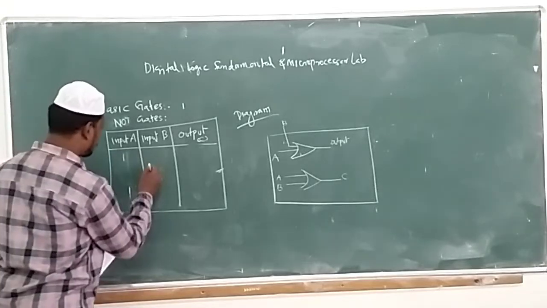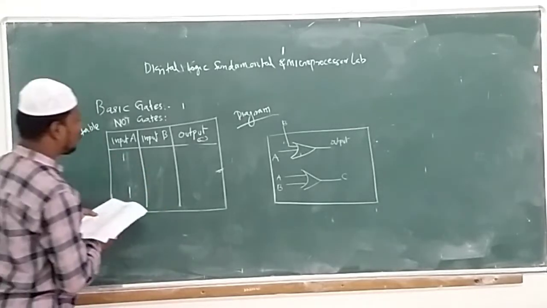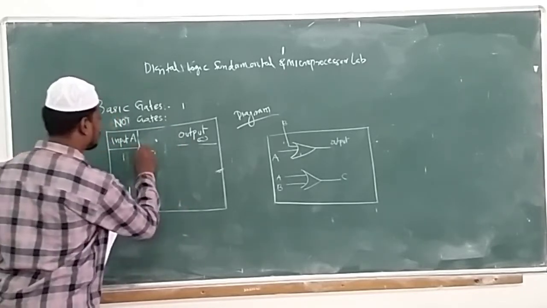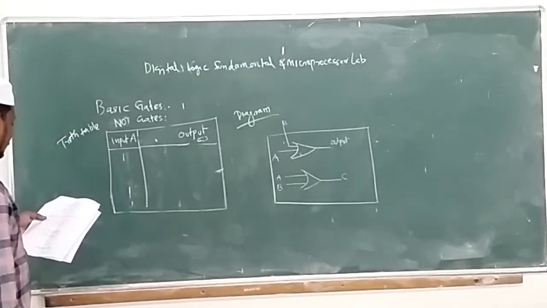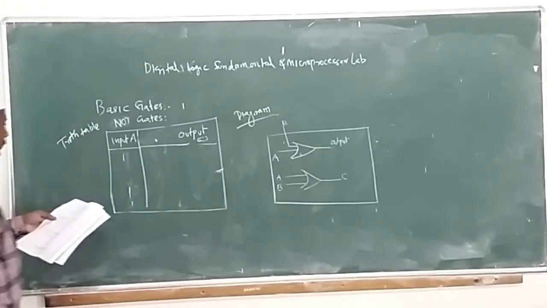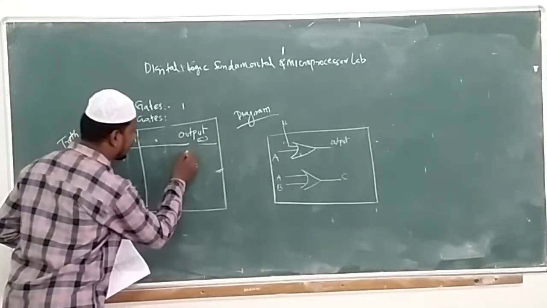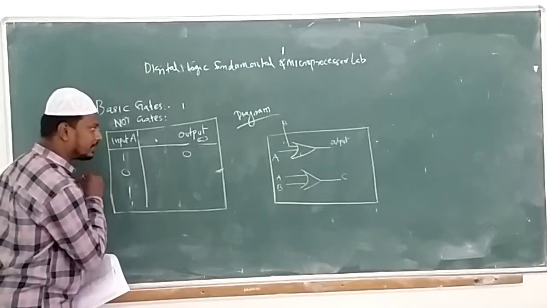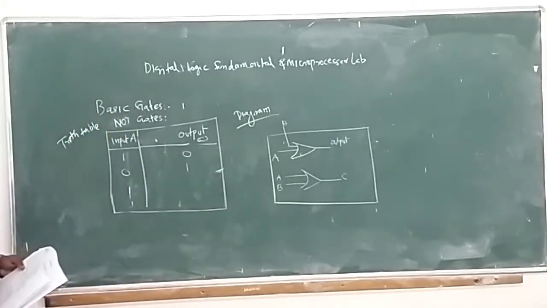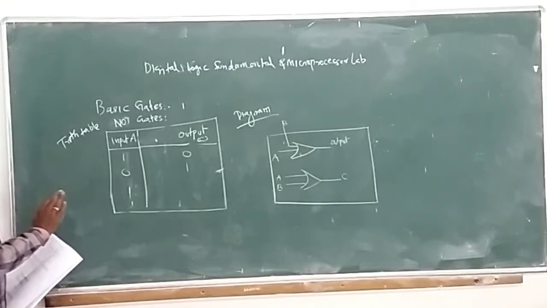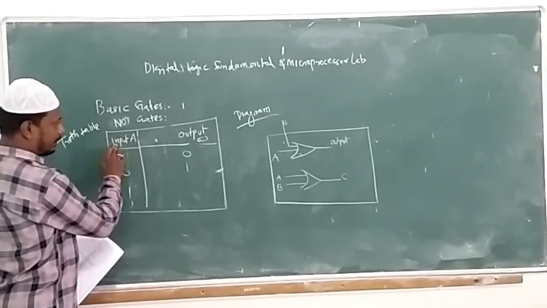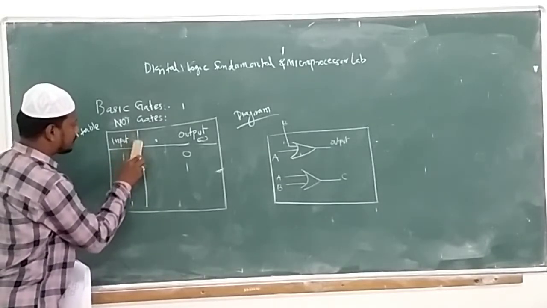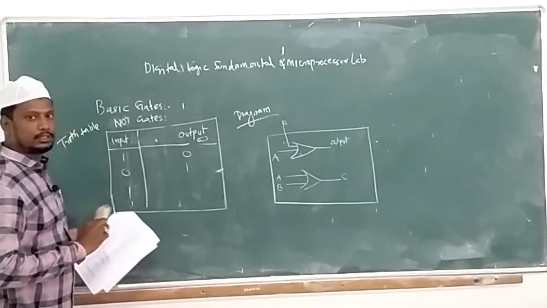For example, the input value is 1, and the output is displayed. Only one value can be entered in the NOT gate. So what is the NOT gate? Its function is that if you enter the input 1, the output will be 0. Again, if the input value is 0, what is the output? 1. So this is the function, like on and off. So, with the simple input A, the output will be displayed.